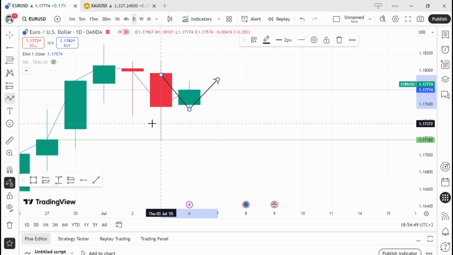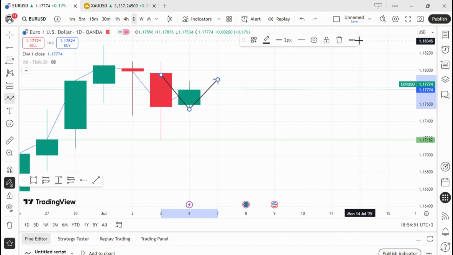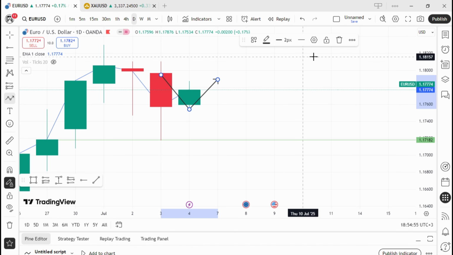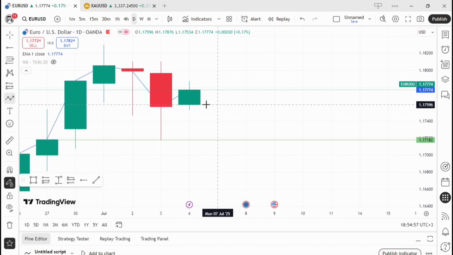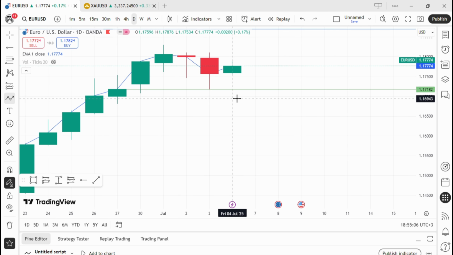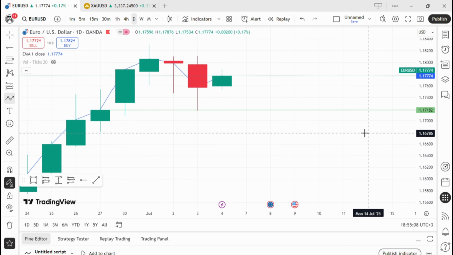For example, this red candlestick has touched and gone up. So you might think, oh, we are going to start buying from here. No. Look at what happened here. Don't you see? The first red candlestick didn't break this gap but continued selling. So we are going to go into the control time frame and we understand what's happening here.